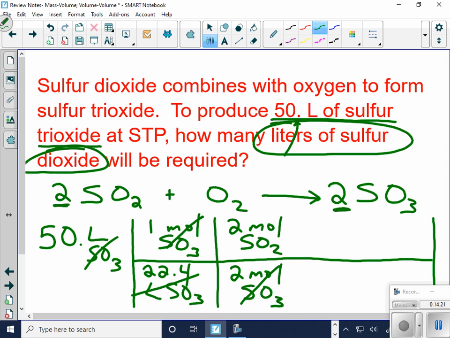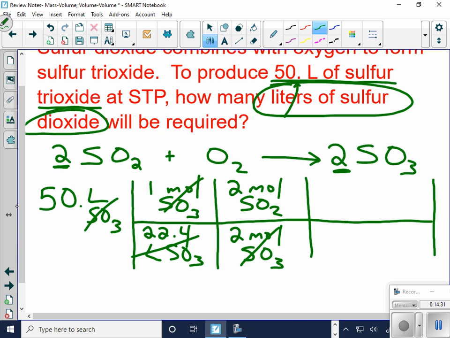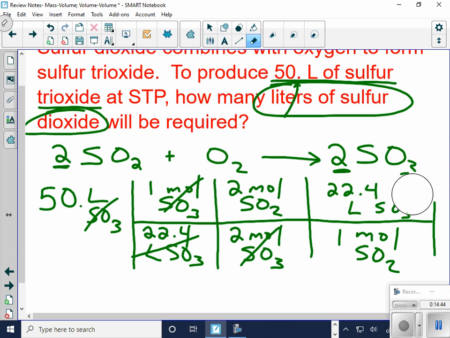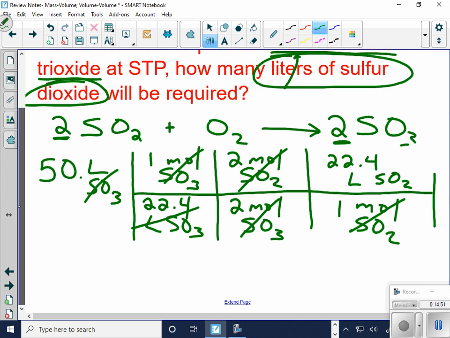So my moles of SO3 will cancel. My final step is I'm going to liters of SO2. Well, I know that if I have 1 mole of SO2, that is 22.4 liters of SO2. Whoa, whoa, whoa, that's a 3. SO2. My moles of SO2 cancel. So I am going to get my final answer in liters of SO2.